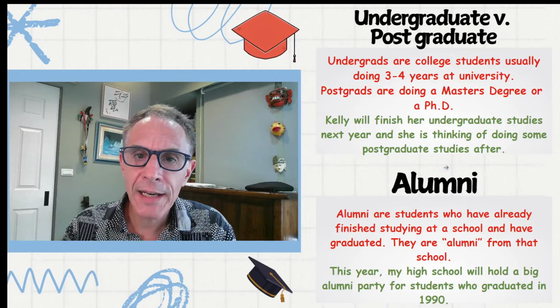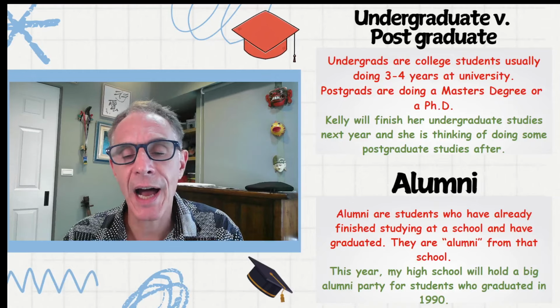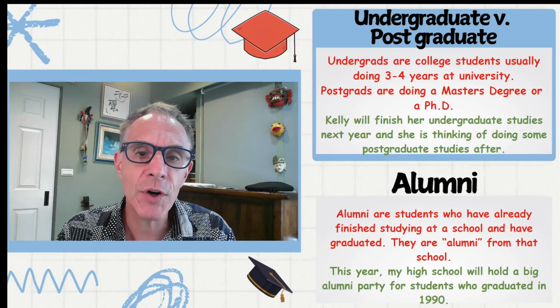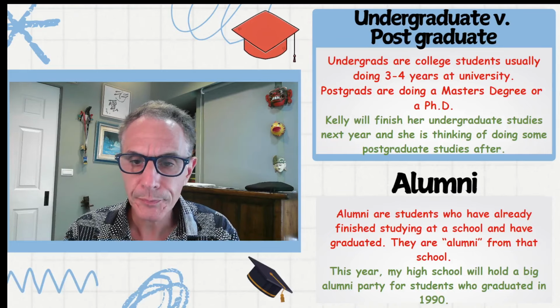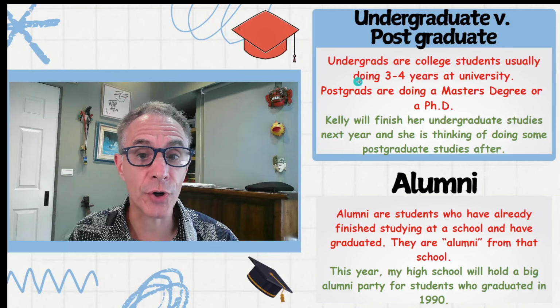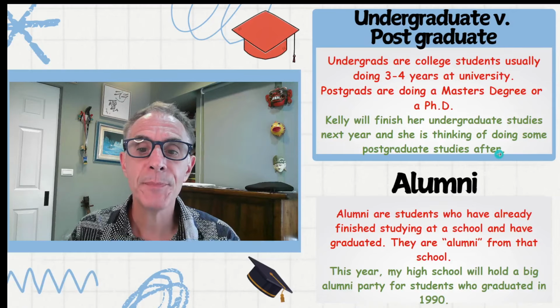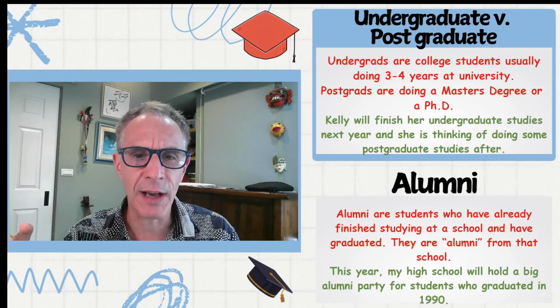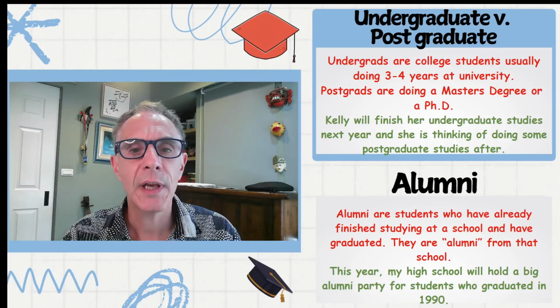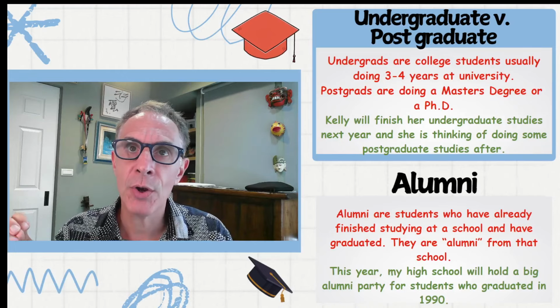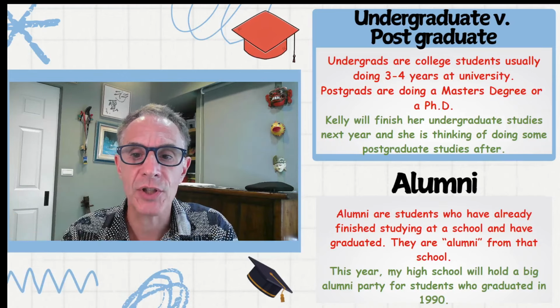Now, this slide are types of students, kinds of students. And the first one here is undergraduate versus postgraduate. Now, an undergraduate student or undergrad, okay, are students that are studying at the college level. So between 3 and 4 years, okay? Actually 1 to 4 years, but it'll take you 3 or 4 years to finish, all right?